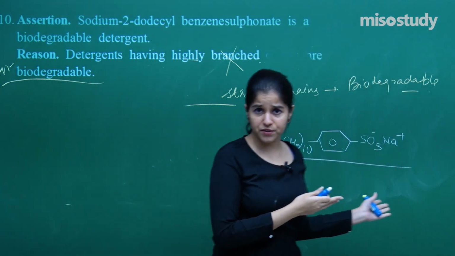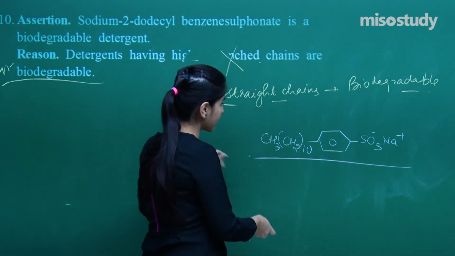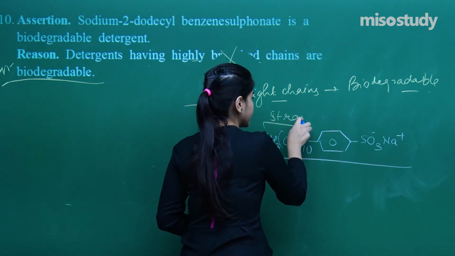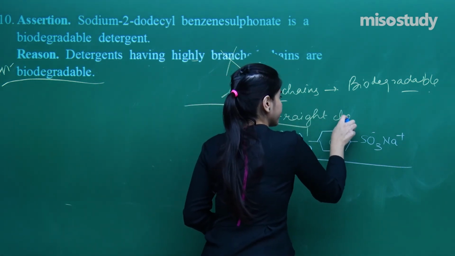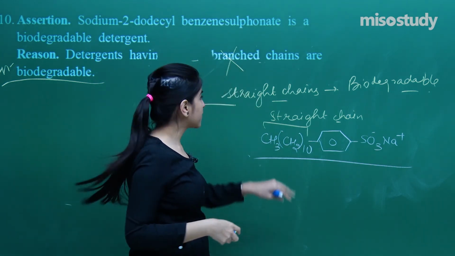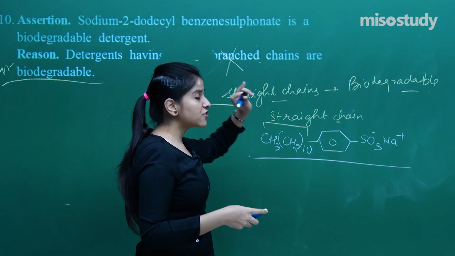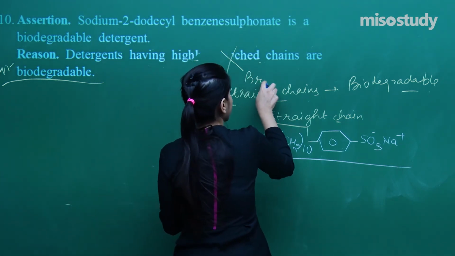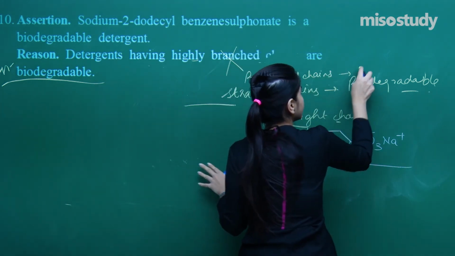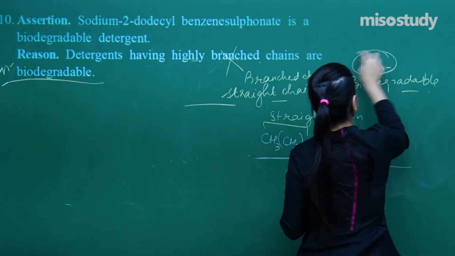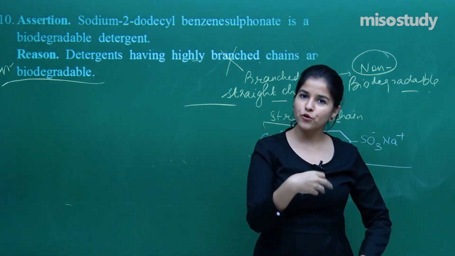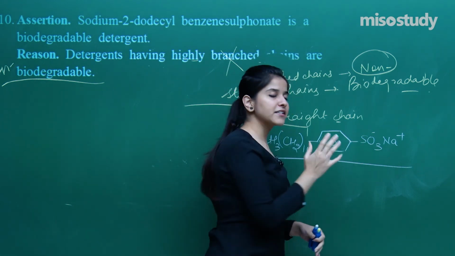Let us check whether it is branched or not. If you see very carefully, I have got a straight chain over here. It's a straight chain detergent. That means it will definitely be biodegradable, as we have written over here. Branch chains are non-biodegradable, so just remember that. I hope everybody is clear with the concept. You just need to go into the detail. Here we have applied a little logic.